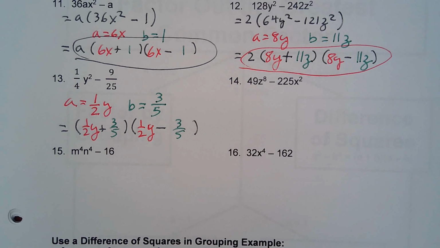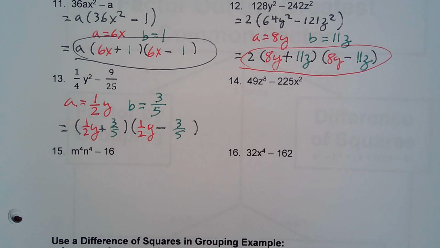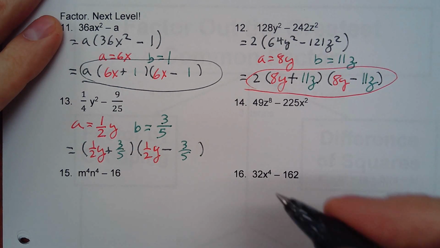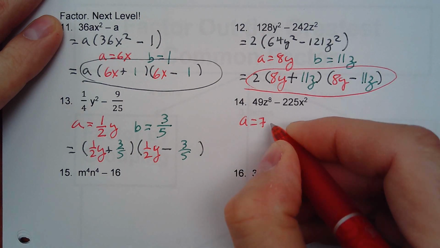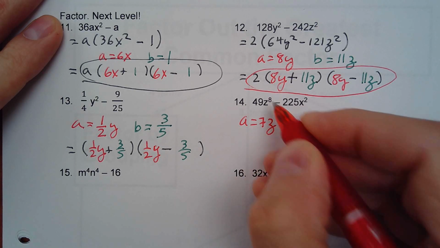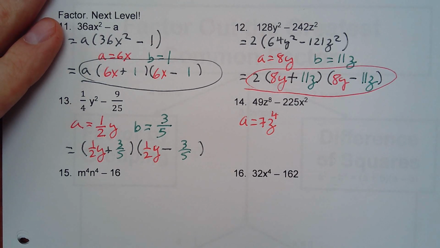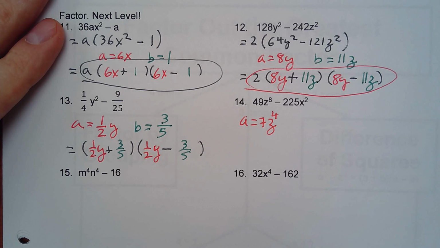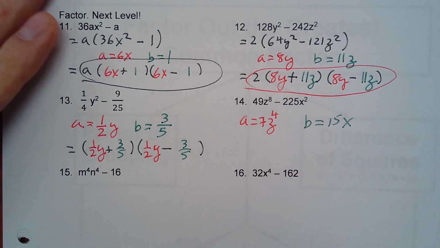All right, let's take a look at this next one. Now remember, if the exponent is divisible by 2, then it's a perfect square. So in fact, my a here is going to be 7z. 8 divided by 2 is 4. And then our b here, square root of 225 is 15x.